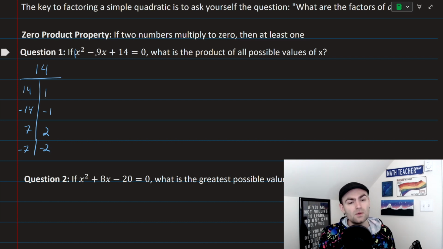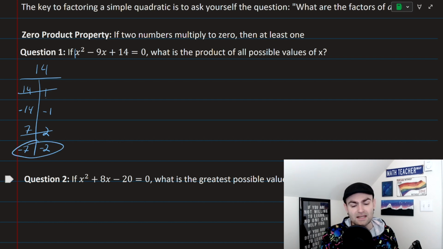Now keep in mind that I wanted the sum to be negative. I could have just left off the positive ones from my list because I know that they're not going to be useful. And it's very easy to see that negative 7 and negative 2 are the right ones. Now if you have an easy one, if the a is 1, you can cheat a little bit. You can just go ahead and rewrite this as x minus 7 times x minus 2.